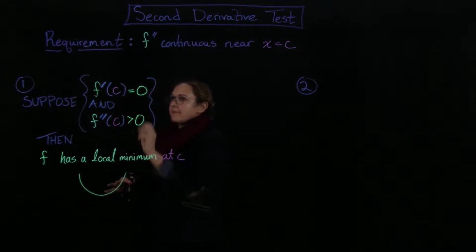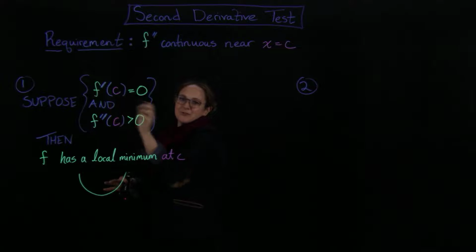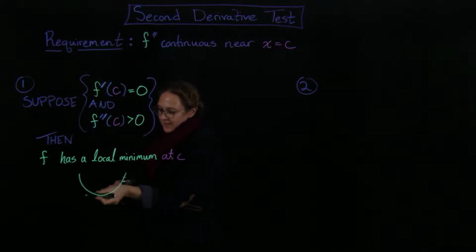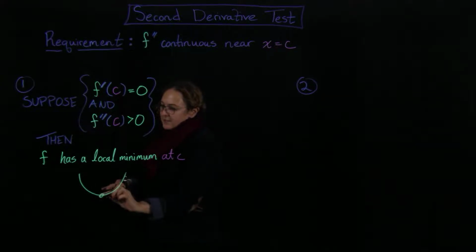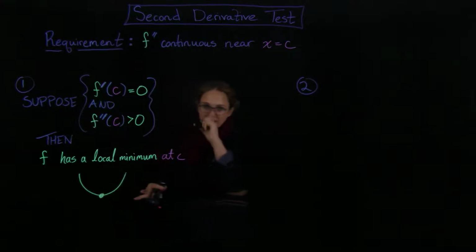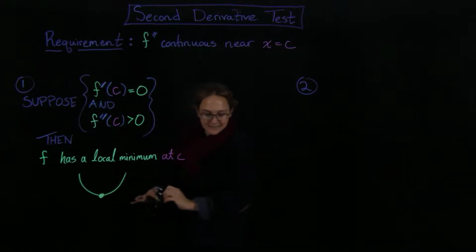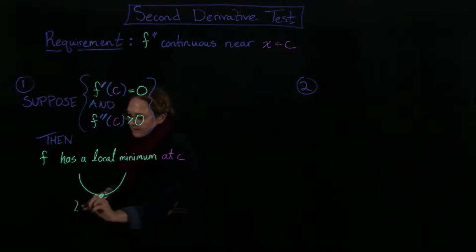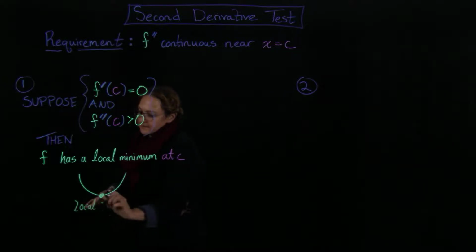I'm looking at where my first derivative is 0, so I'm looking at where it's flat. But I'm concave up, because my second derivative is greater than 0. You can kind of see that this is a local minimum. And honestly, I wouldn't memorize the second derivative test.